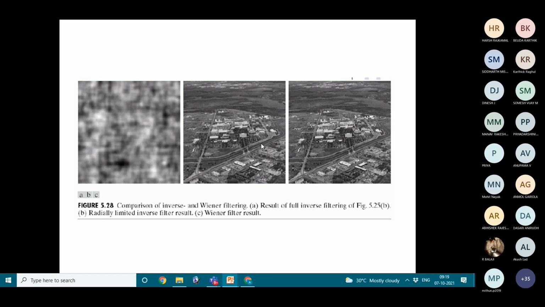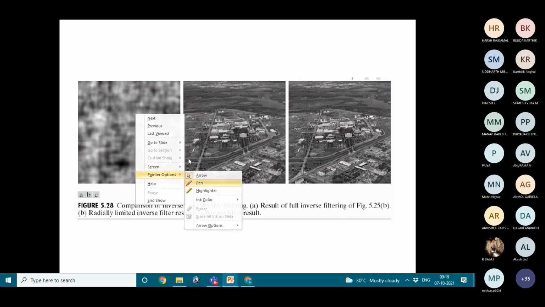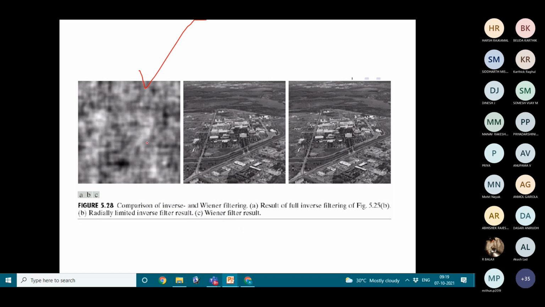If we take the comparison of inverse and Wiener filtering, this is the result of the full inverse filtering, and this is the radially limited inverse filtered result, and this is the Wiener filter result.